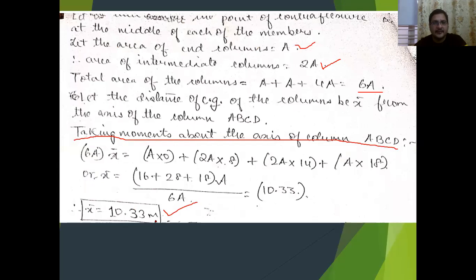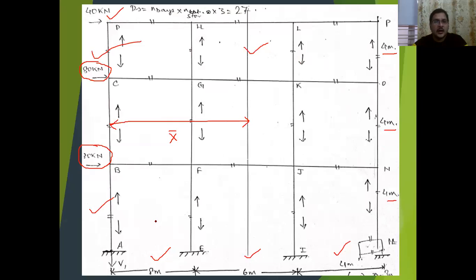You can take any column of the frame as a reference, and you can find out the distance of CG. Now coming back to this, we have got the distance of CG from the extreme leftmost column.